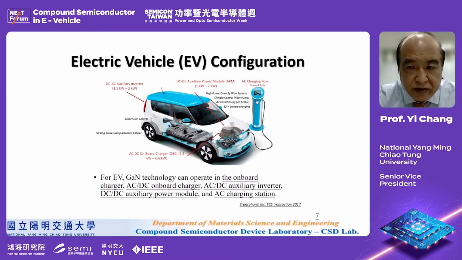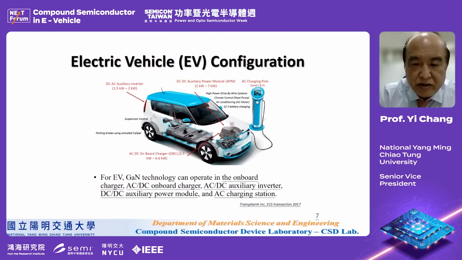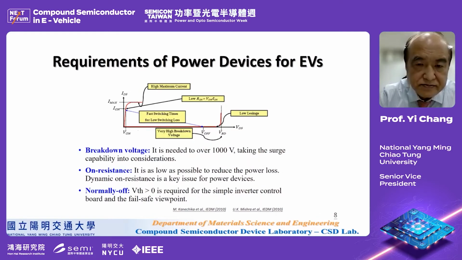For the electric vehicle application, the EV needs AC/DC onboard chargers, AC/DC auxiliary inverters, DC auxiliary power modules, and AC charging stations. These can also be built using gallium nitride devices.